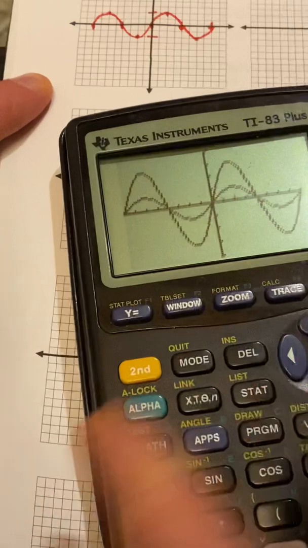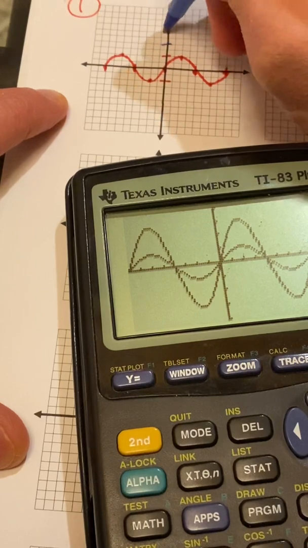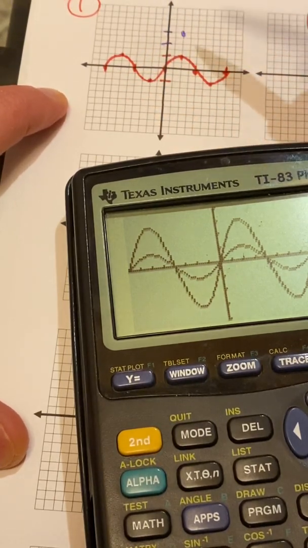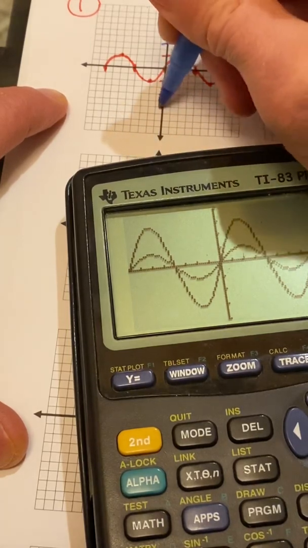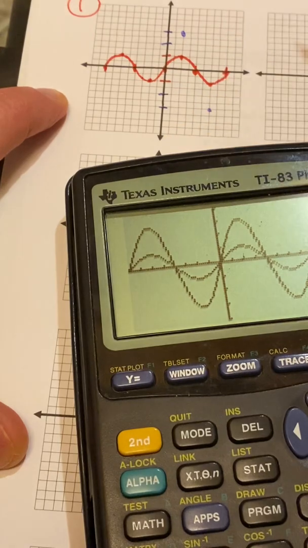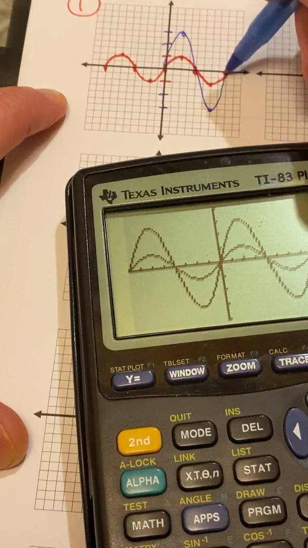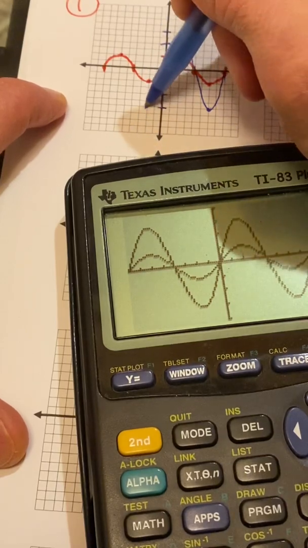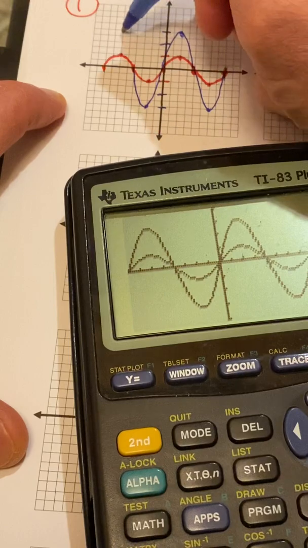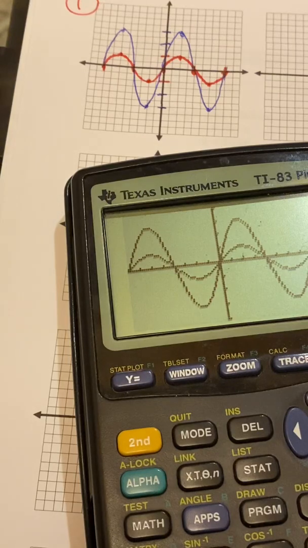You can see really all that's changed is the maximum is now steeper, at 3, and the minimum is at negative 3. And there is that minimum and that maximum. So that would be example 1.